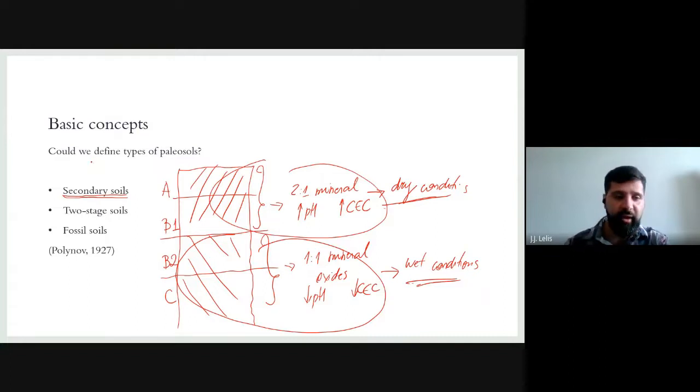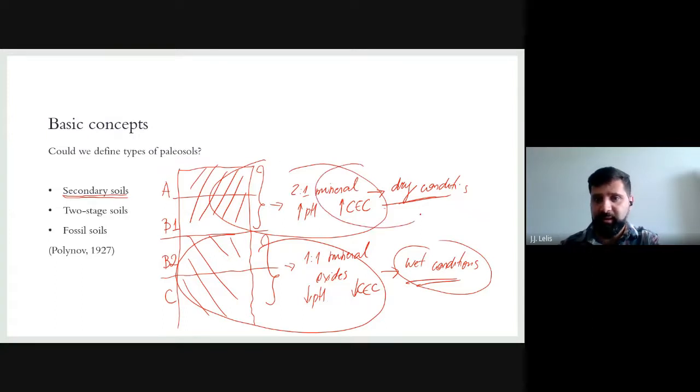We have a paleosol, because probably these wet conditions are not the modern climate in the area. Probably the modern climate is this, but we don't need to know about that. At least two weathering stages, two different stages of weathering, we can identify as a secondary paleosol.